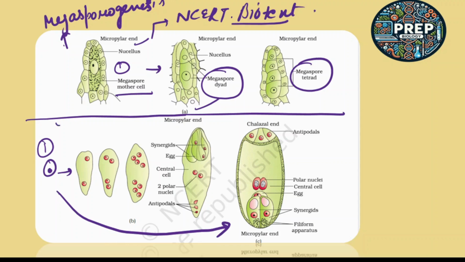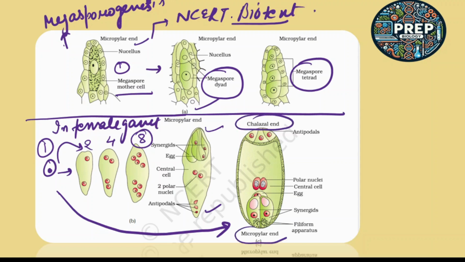Now, in the female gametophyte, we have this one megaspore. Mitosis will occur. It will be converted to the 2-celled stage, 4-celled stage, and 8-nucleate stage. Then all these cells will be arranged. We have 2 ends, chalazal and micropylar end.